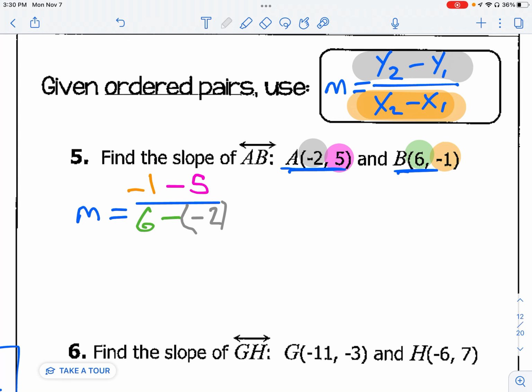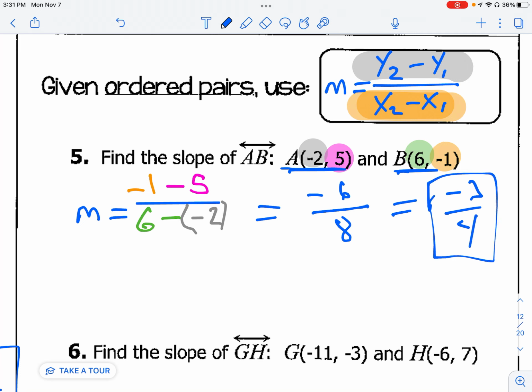So let's make sure we don't do that. Keep the two together. So then we're going to have minus 6 over 8, which equals negative 3 over 4 once we reduce it. And we found m.